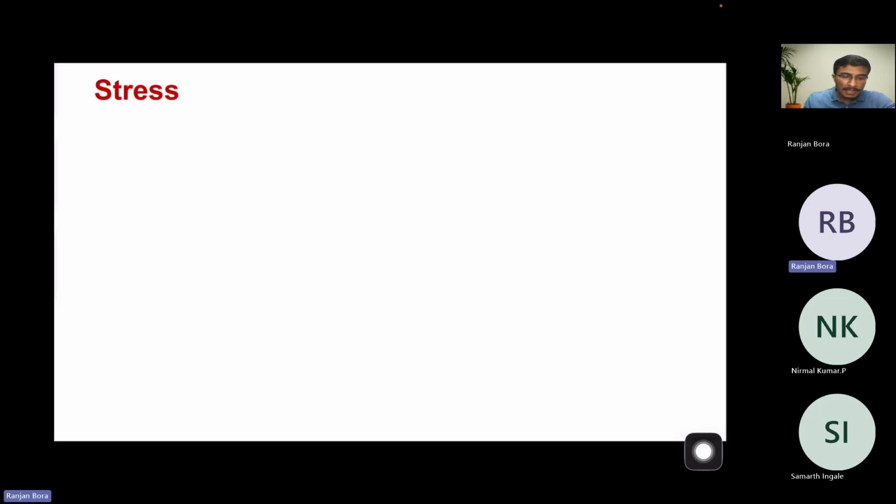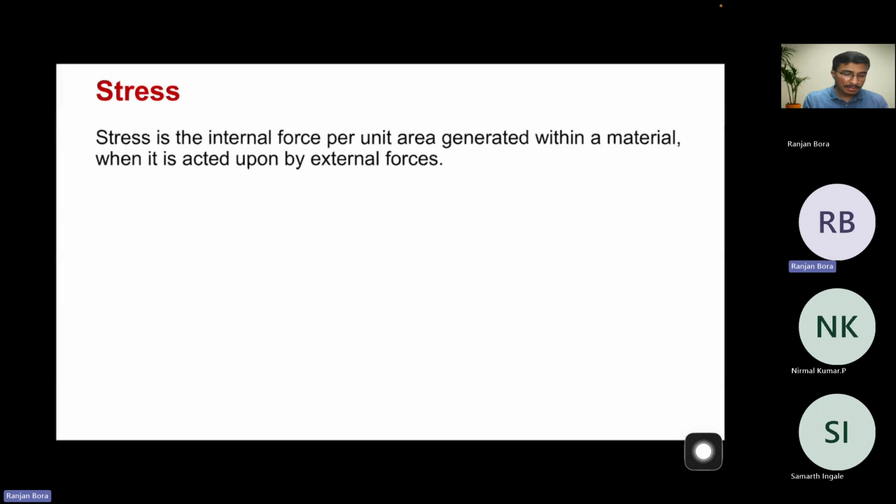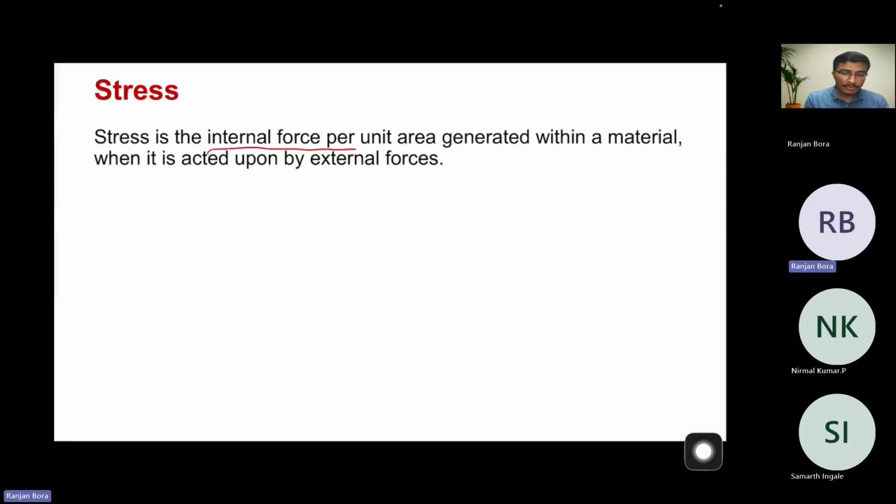Okay, now I will discuss stress and strain. So what is stress? Stress is the internal force per unit area generated within a material when it is acted on by external forces.